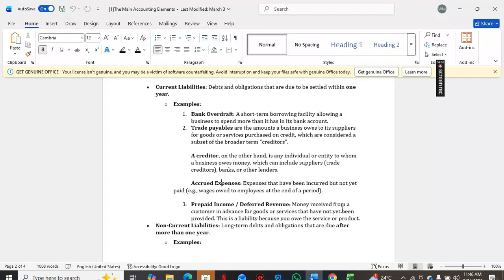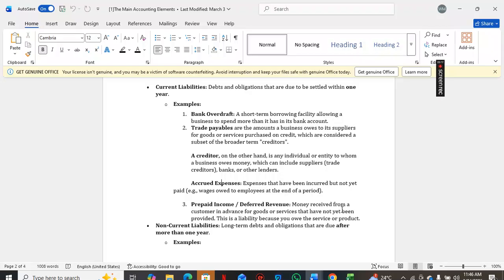You've also got accrued expenses. When expenses fall due and you don't pay them, they just start building up. For example, like rent. If you don't pay rent for 1 month, 2 months, 3 months, the rent starts building up.